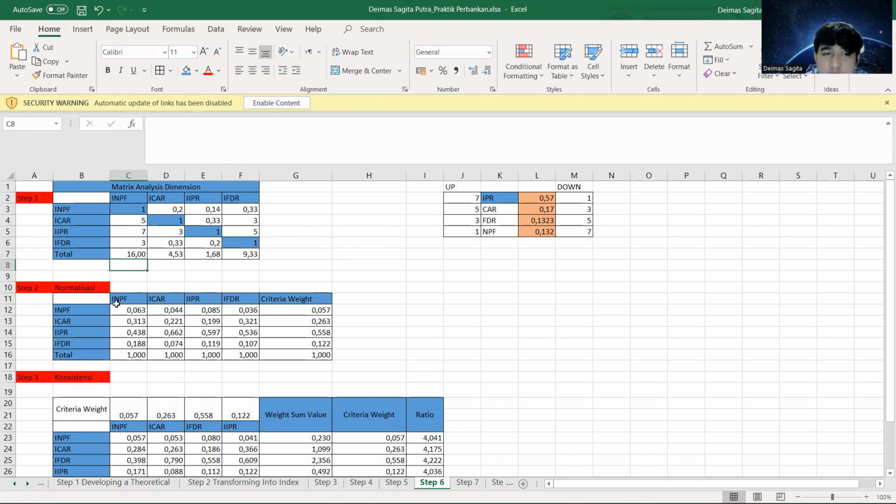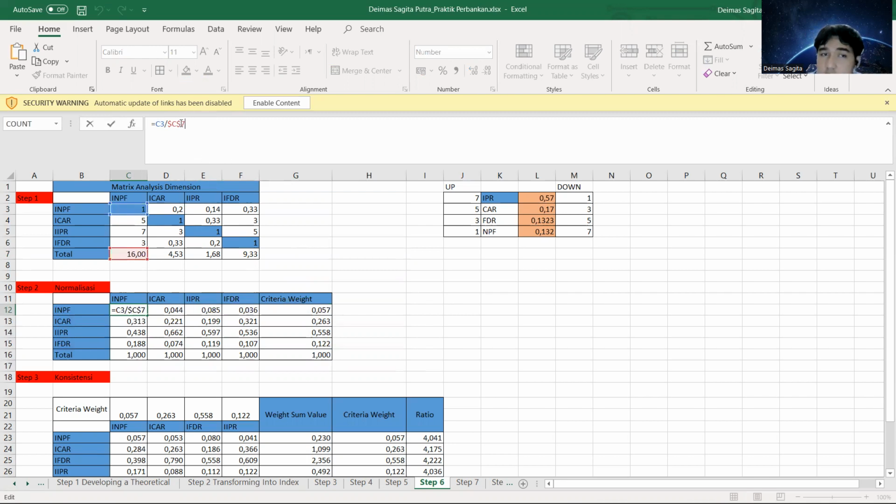So step 2 is the normalization. Make the table also. Try to find the criteria weight here. So the formula is the value of INPF from step 1, and then divide it with the total of INPF.